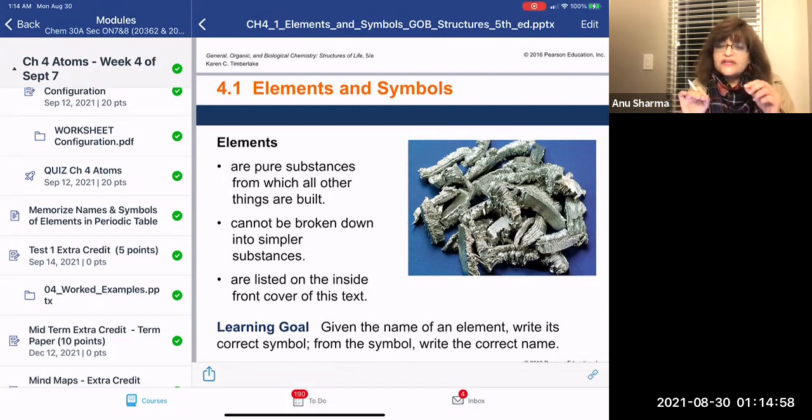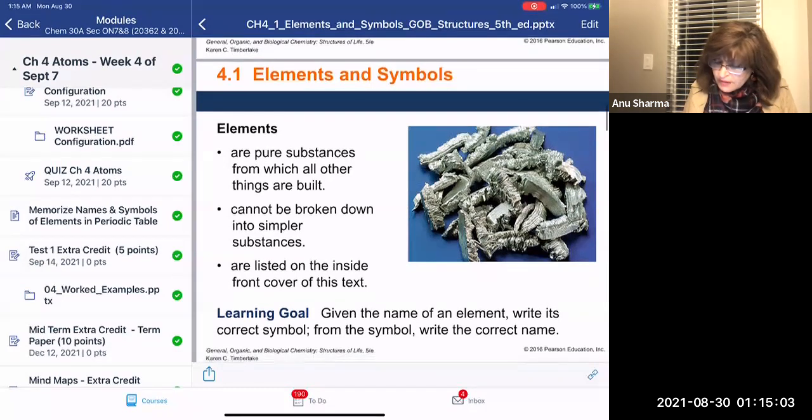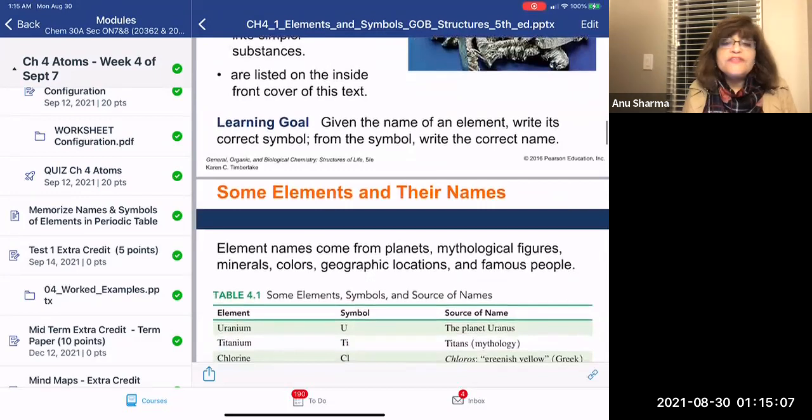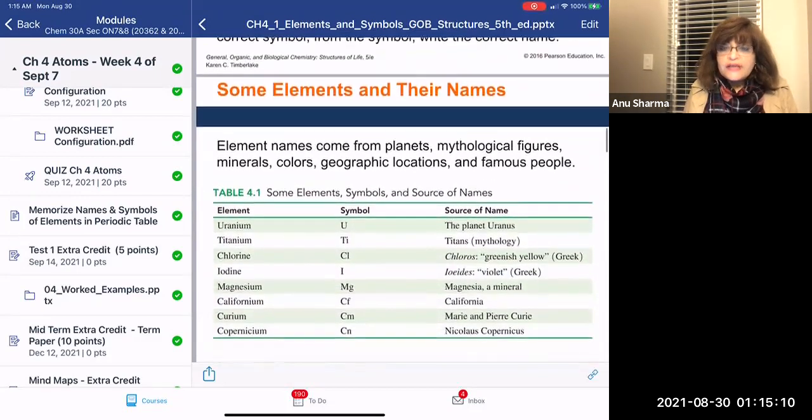These elements are considered pure substances if they are not mixed with anything and not chemically combined.